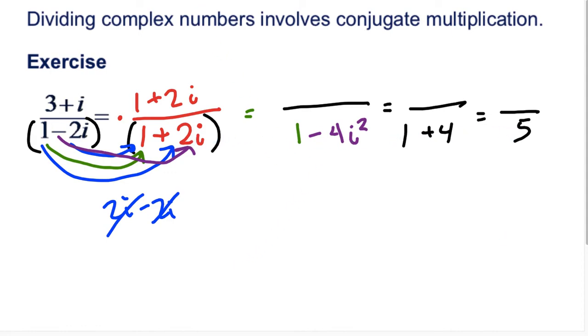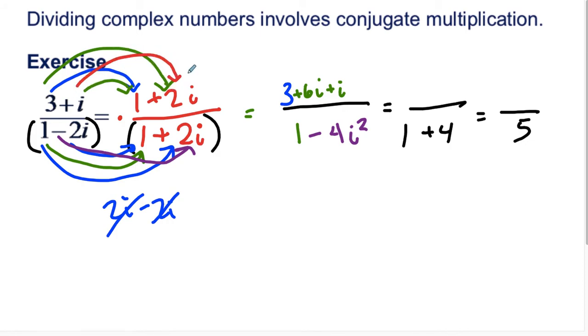Okay, now let's do the numerator. So in the numerator, we would multiply 3 times 1, which is 3. And then 3 times 2i, which is positive 6i, and then 1 times i, which is positive 1i, and then we would multiply i times 2i, which is positive 2i squared.